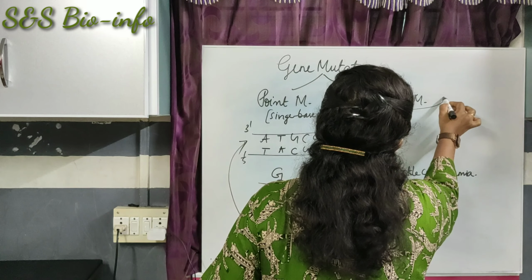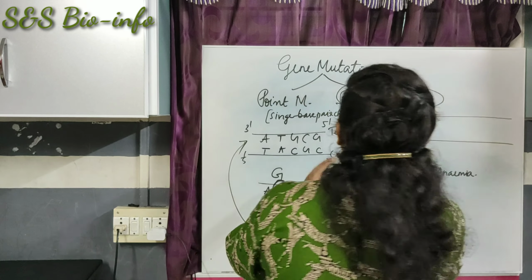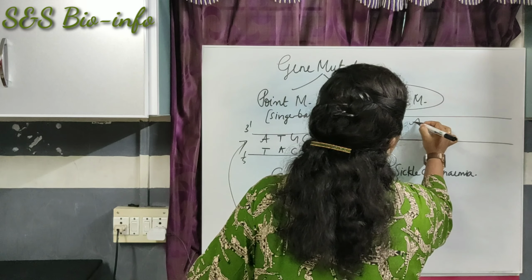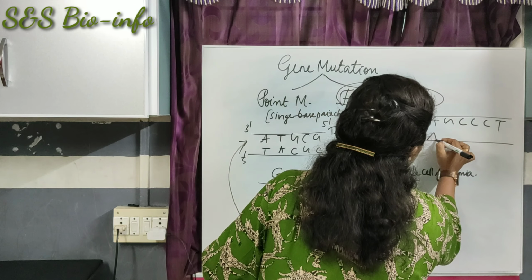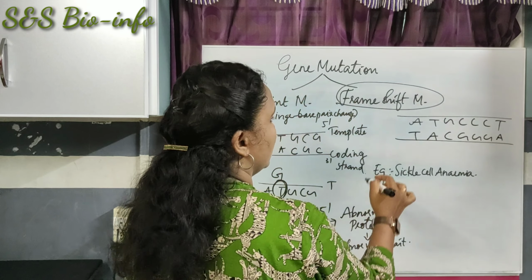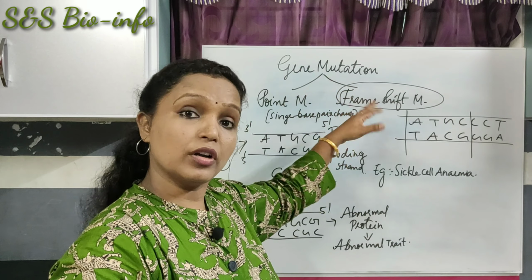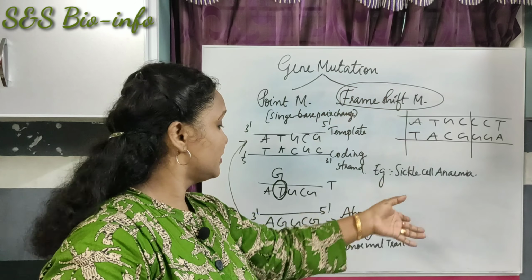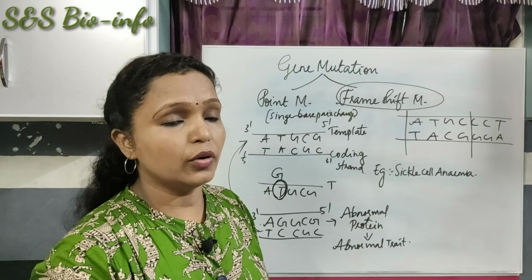Then what is frame shift mutation? If more than one nucleotide base pair is changed, suppose in a long sequence of the DNA like this, if a particular segment is changed or altered by mutation, that would result in the same case, an abnormal protein and an abnormal trait in the organism.